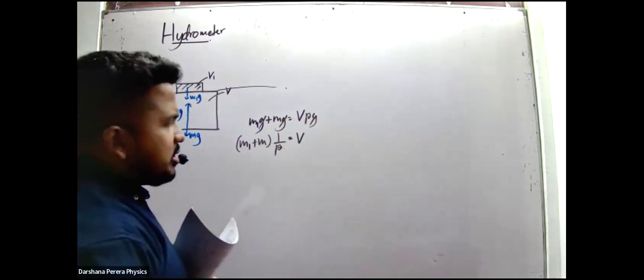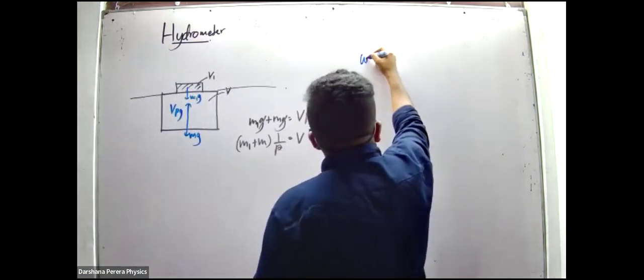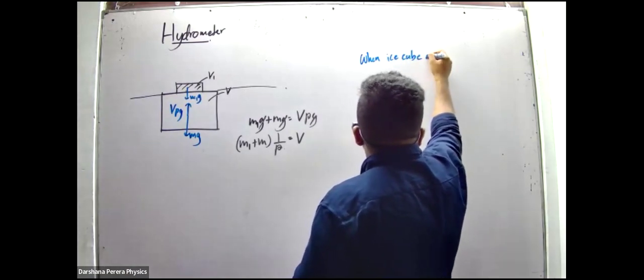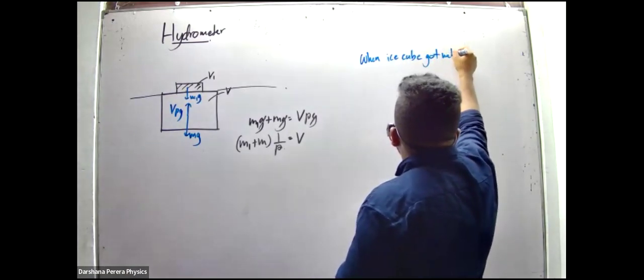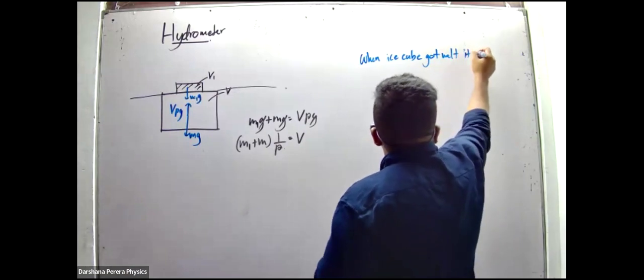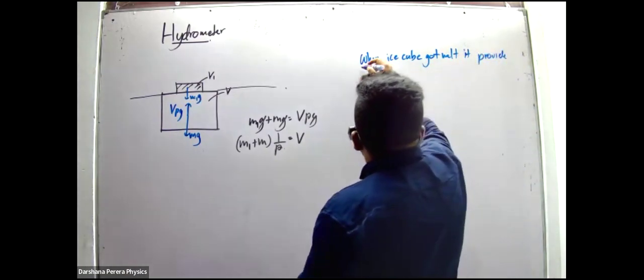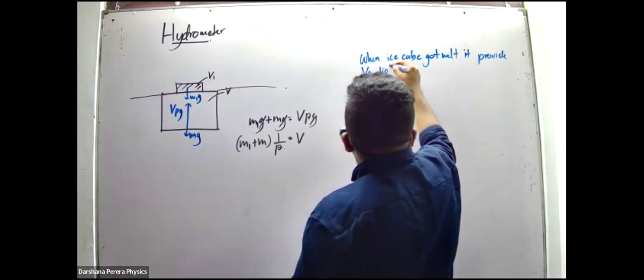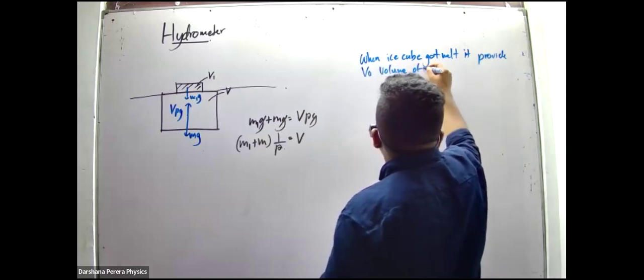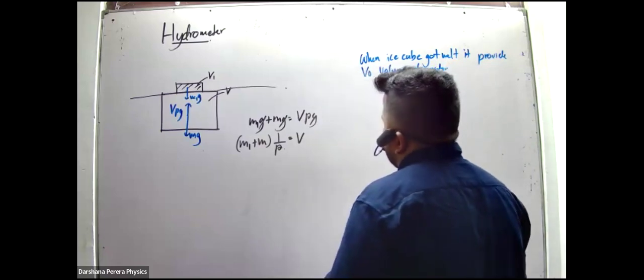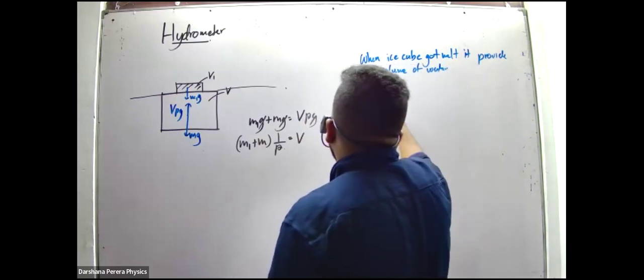When the ice cube got melted, it provides V naught volume of water. Right? It's produced V naught volume of water.